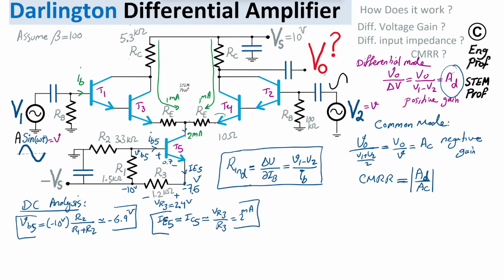And since that's the emitter current for T4 or for T3, I can find the base currents. With 1 milliamp here, dividing by a beta of 100, the current gain roughly, we get 10 microamp. That would be the DC current for transistor 1. This is also the DC current for transistor 3, and for 2 and 4 as well.